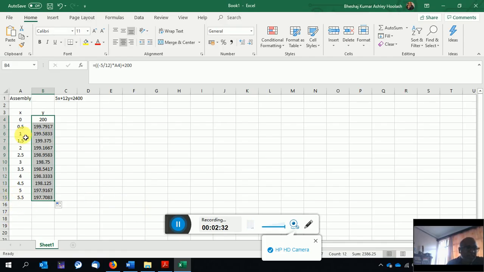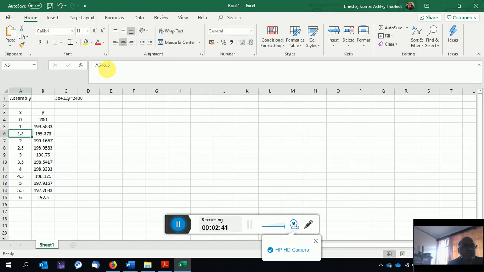I think increasing by 0.5 is a bit tedious. Let's increase by 1 then. Oh, it's going to take a while to touch the x-axis, so let's increment by 5. Right, by 5. Let's see what happens.